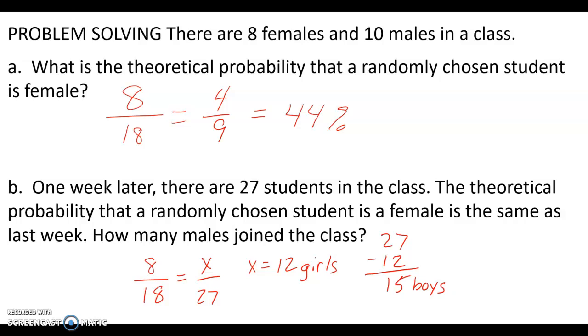And let's see, there were 10 boys. So 15 minus the original 10, that means there are 5 new boys. Probably a quicker way to do it, but that's the way I did it.